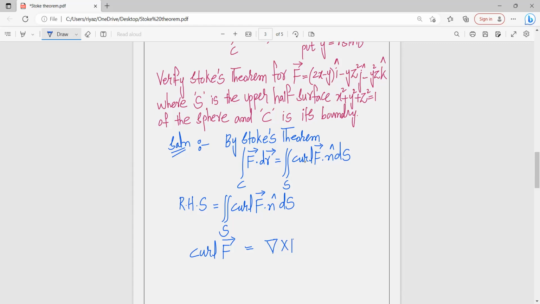Cross f, F. So then the next step will be i j k.